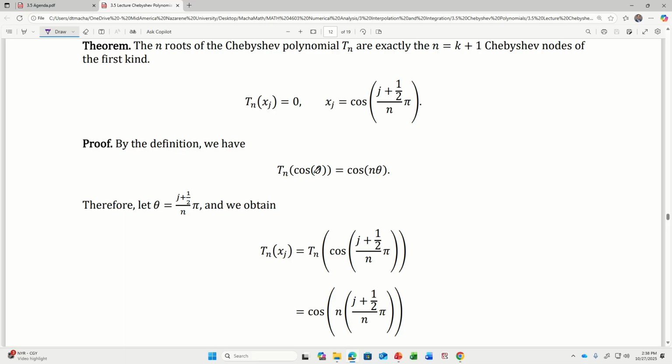We can prove this pretty quickly. The proof is we write down the definition of the Chebyshev polynomial, and then where I'm going to plug in where the roots should go, I'm plugging in the formula that I gave you for the Chebyshev nodes of the first kind.